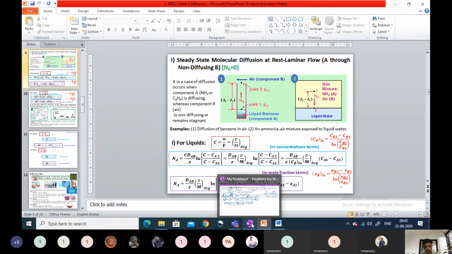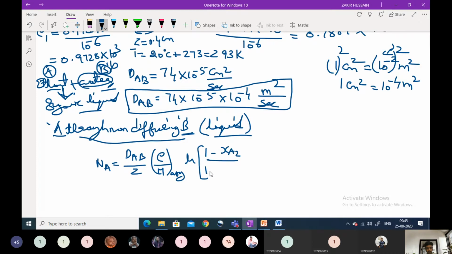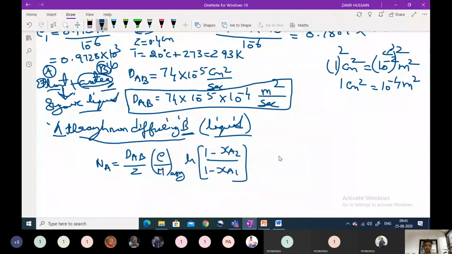So we have to apply this one. Okay. If anybody requires me to derive that formula once again, you can ask me.